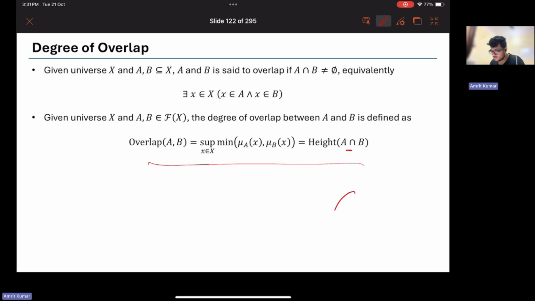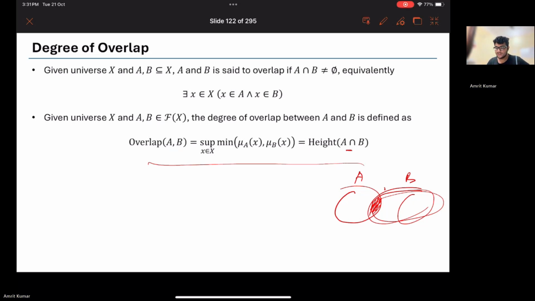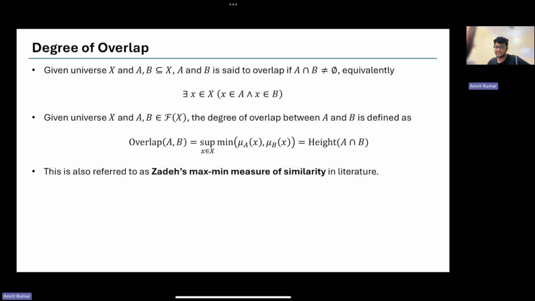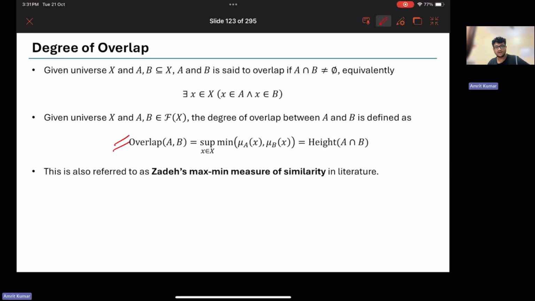So you basically look at, if this is your A and this is B, you look at this overlap region and you find the maximum membership in that particular region, or basically the height. And in literature, this way of computing how much overlap exists between fuzzy sets A and B has been referred to as Jaccard's maximum measure of similarity. Of course, because it was proposed by Jaccard.